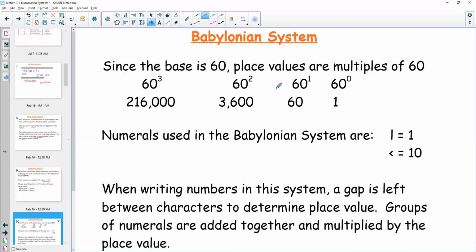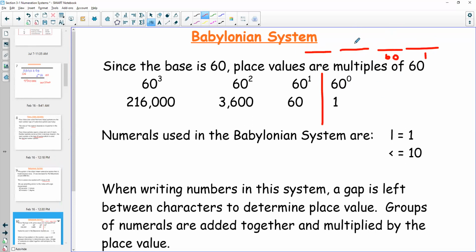So the place values are multiples of 60. The first place value from the right is worth 1. Anything in the second position from the right is worth 60 to the first, which is the same thing as 60.